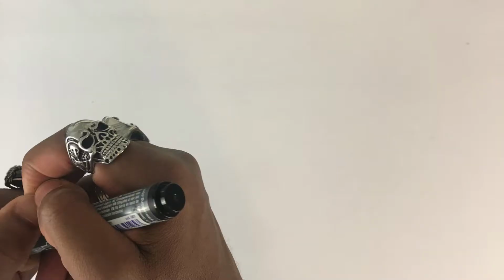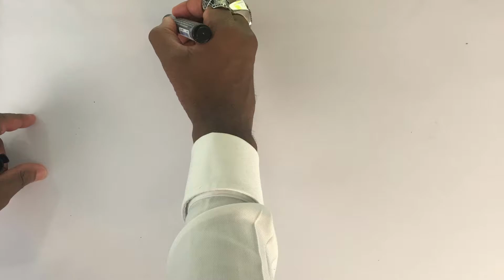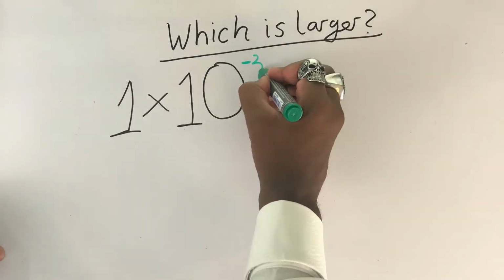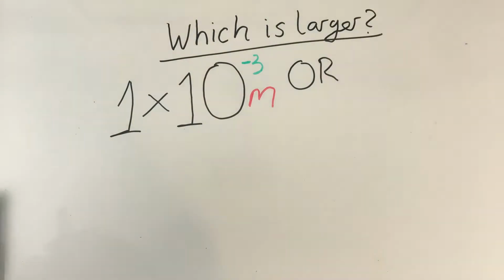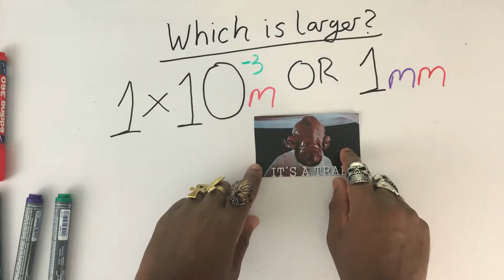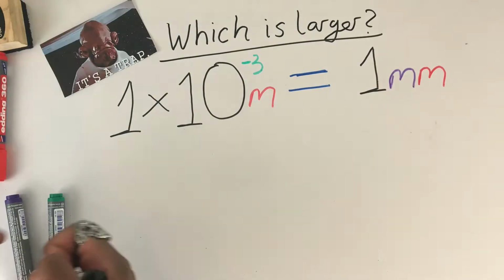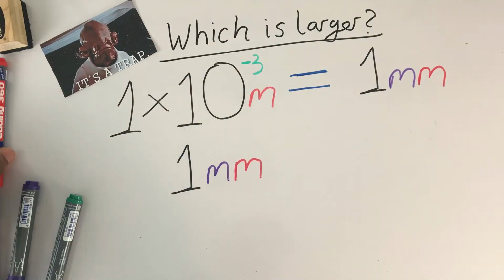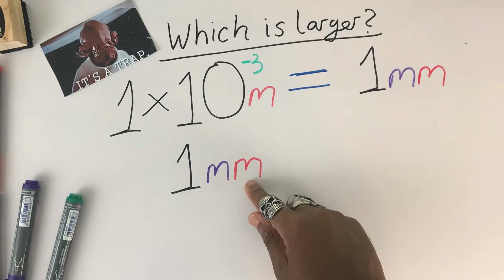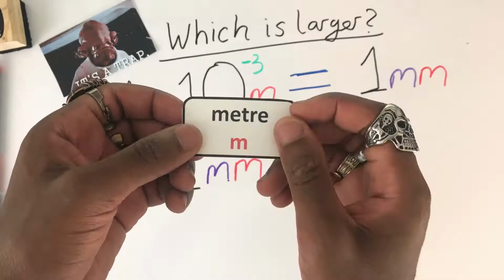Now these examiners love confusing you. Have a look at this example and tell me which one's bigger. Would that be 1 times 10 to the -3 meter or 1 millimeter? It's a trap. They're exactly the same. 1 millimeter, when we write it as 1 mm, the last m tells you that the unit we're using is meter.